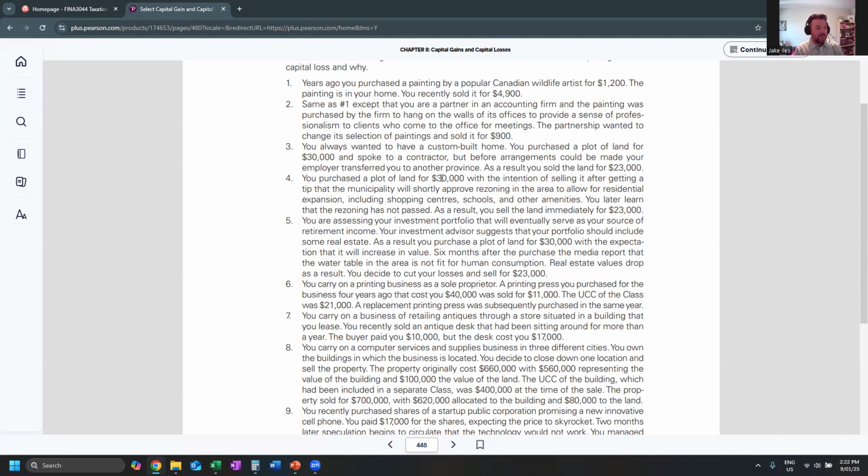Case 4: if I bought the plot of land with the intention of selling it after getting a tip that the municipality was going to be rezoning and that it's going to increase in value, but I later learned the rezoning was not passed, so I sell the land for 23,000. So this changes our intention. Our first intention was personal, so no capital loss.